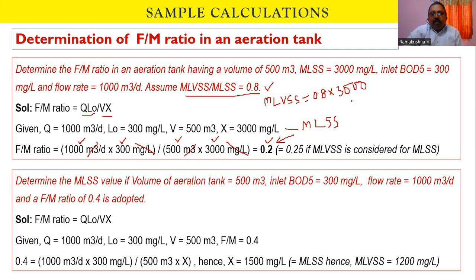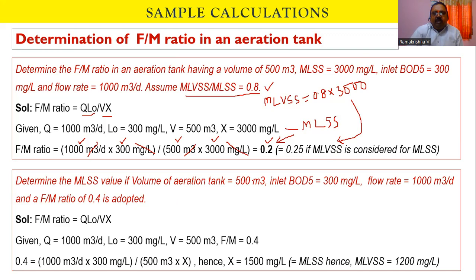So if you put that value, what you are going to get is F by M ratio equal to 0.25, where you are substituting this value in place of X. When you are keeping MLSS in this formula, you are getting 0.2, and 0.25 when MLVSS is considered.